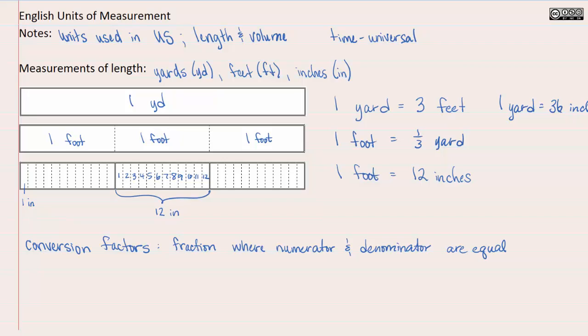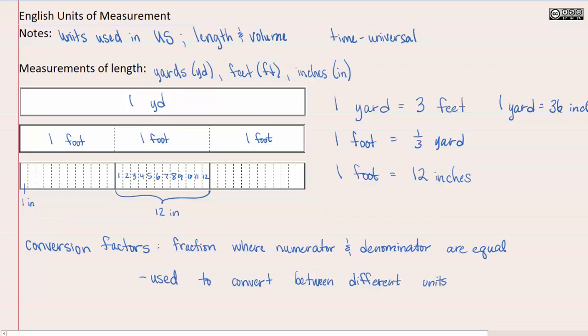We use conversion factors to be able to convert between different units. What we mean by this is if I was trying to figure out how many feet were in a yard, I could use the conversion factor of 3 feet per yard.